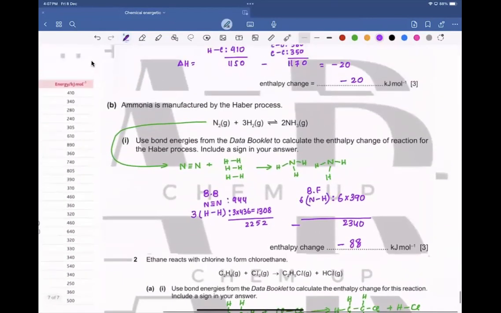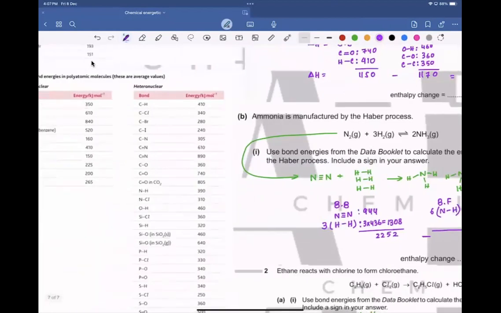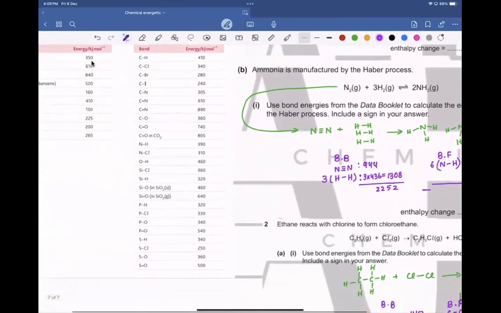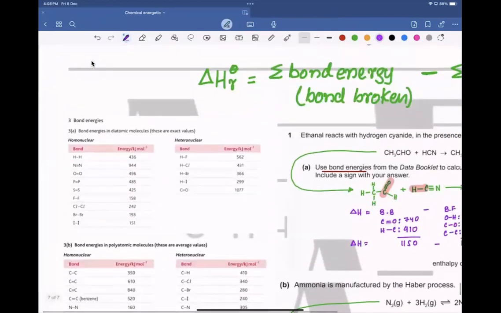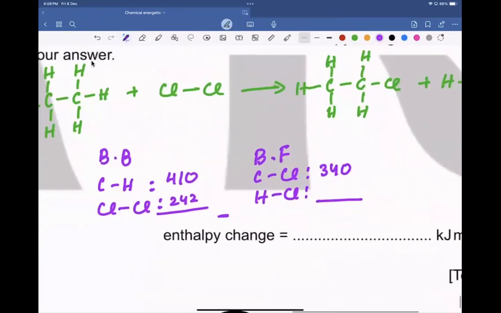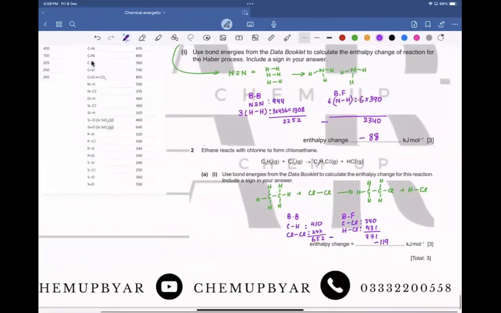And hydrogen chlorine is 431. So here 652 and here 771, right? So if we subtract it, we will get minus 119. Is this clear? Yes, sir.